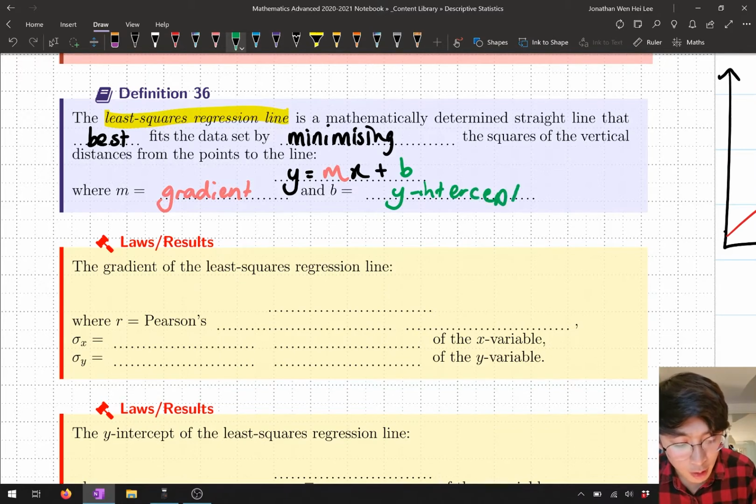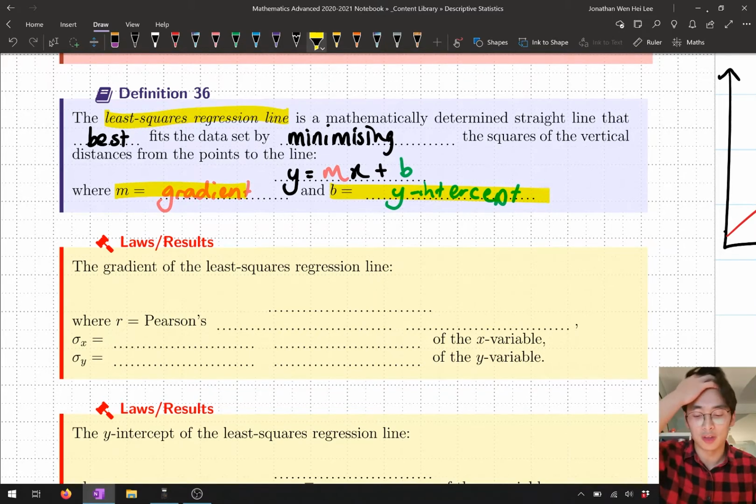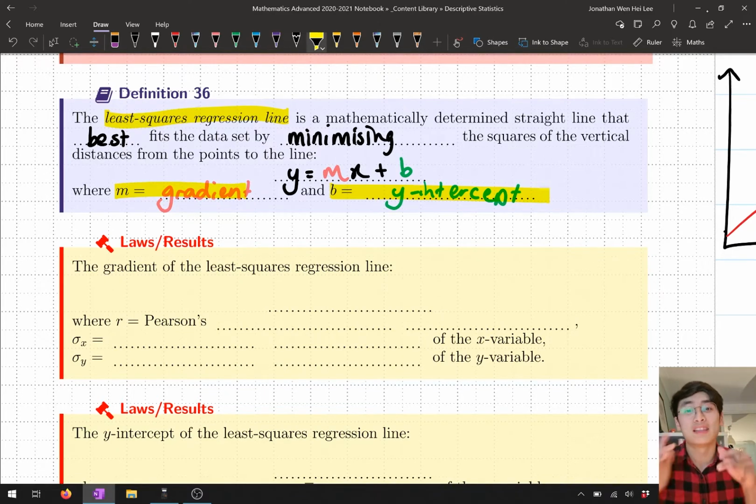When we look at the least squares regression line, it's not quite as simple as just m and b. We're actually going to find equations for the gradient and the y-intercept, and then put these into an equation to create the equation for the least squares regression line.